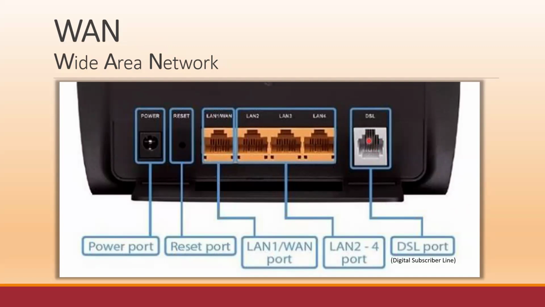That thing is going to sense that. And this is going to act as a modem. Or instead of using that, you could use that one, port number 1, and connect that to another modem. So you have some options on this one here. And over here, if you're using just a DSL, you've got 4 available LAN ports, local area network ports. So basically those can be plugged into.